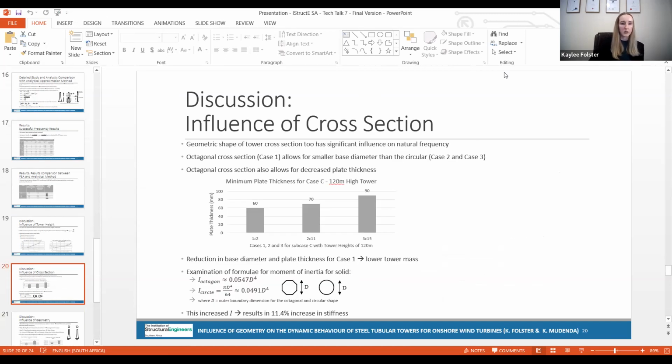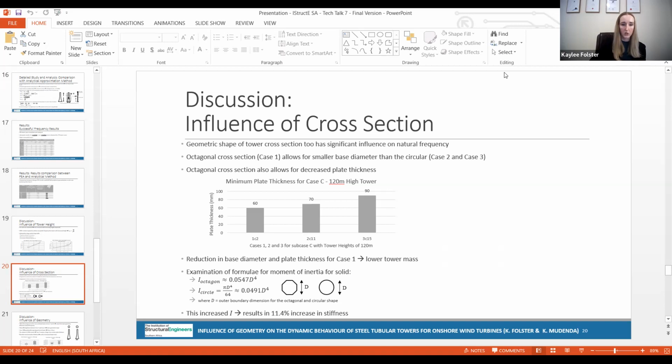And then the second factor which influences the natural frequency of the towers is the cross-section itself. So again, if you look at that graph, what we notice is that the plate thicknesses for case one, now this is when we consider a 120 meter high tower throughout.